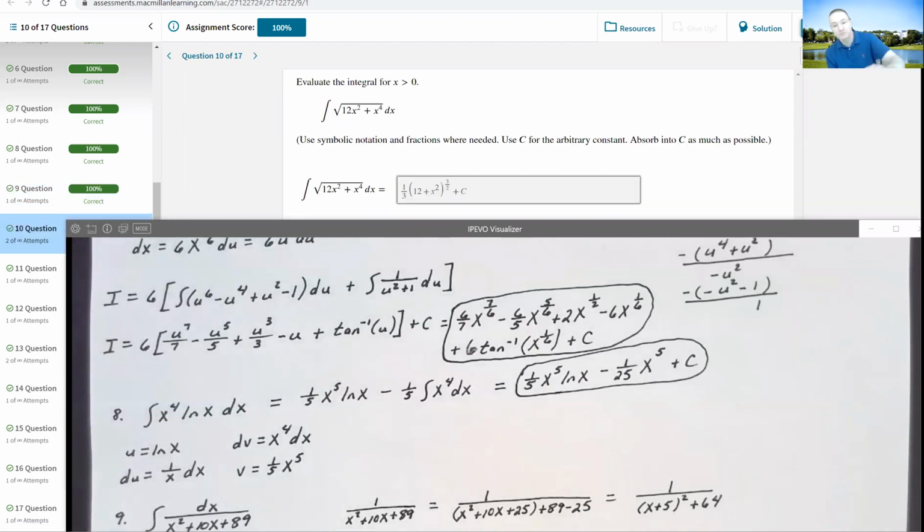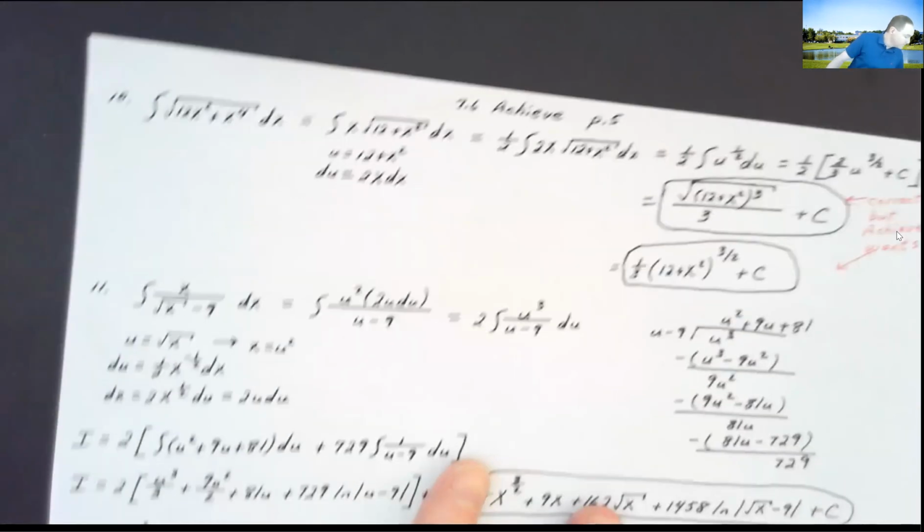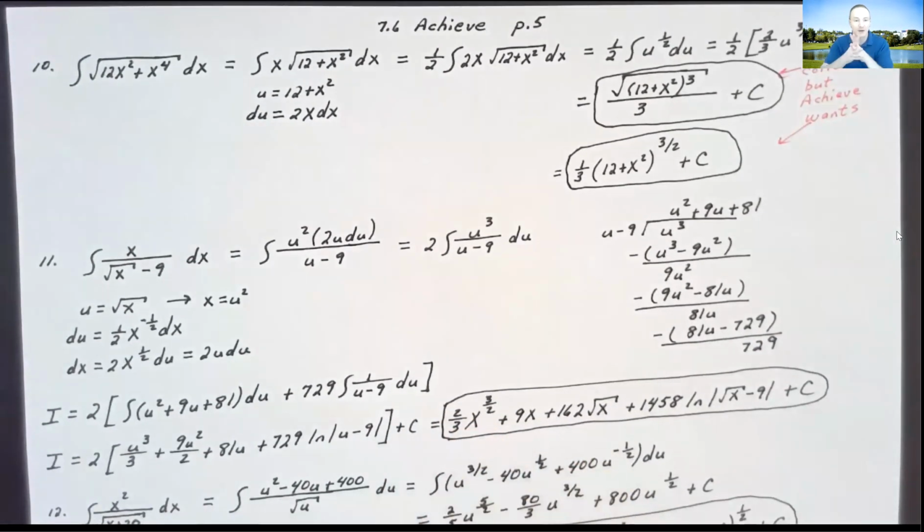The next one, not too bad either. We have the square root of 12x squared plus x to the 4th integrated with respect to x. I did that on another sheet here. So now, in order to look at my work in this problem, the first thing I did is recognize that I have a common factor of x squared inside that square root.